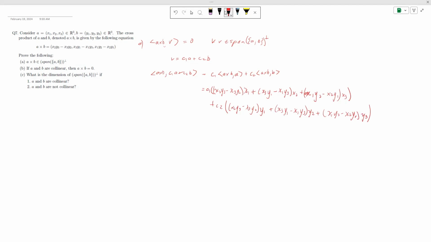If we expand, we can see that this term x1 x2 y3 is going to cancel with x1 x2 y3, x2 x3 y1 is going to cancel with x2 y1 x3, and x1 x3 y2 is going to cancel with x1 y2 x3, and the remaining terms also cancel out, giving us C1 times 0 plus C2 times 0, which equals 0.